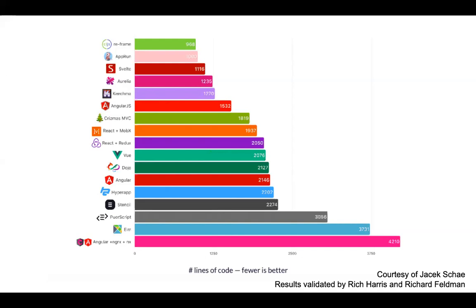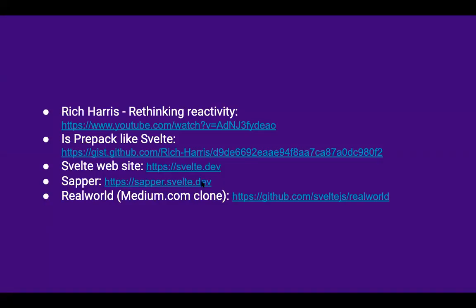I haven't used these two before Svelte, but if we take a look at Vue or Angular and React, they have a much larger number of lines of code compared to Svelte. So these are a few of the references that we can use to get a better idea of Svelte and how it's different from these conventional UI libraries or frameworks.